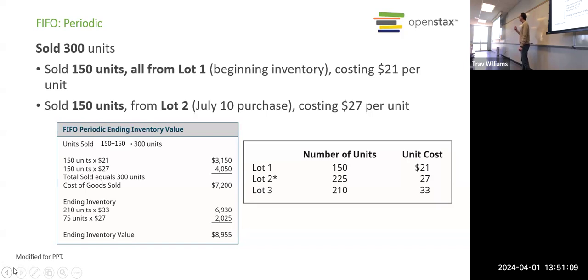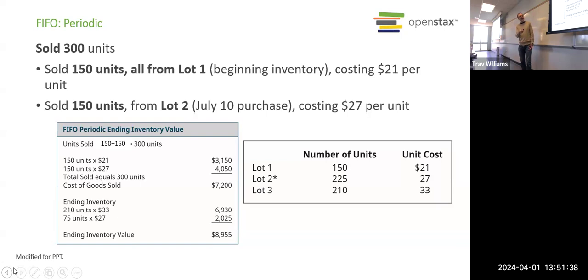So how many units are remaining in lot 2? 75? If we had 225 and we use 150 of those, again, we're not talking about the actual units, we're just talking about using their costs, right? That leaves us 75 remaining, and we haven't touched lot 3.